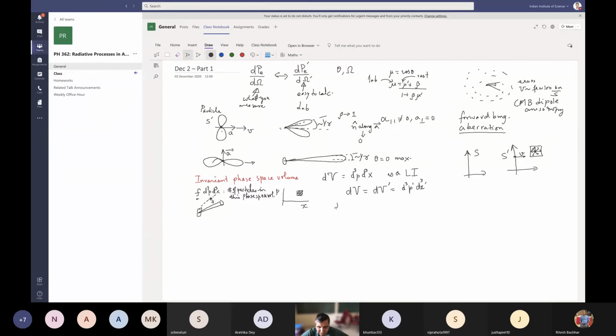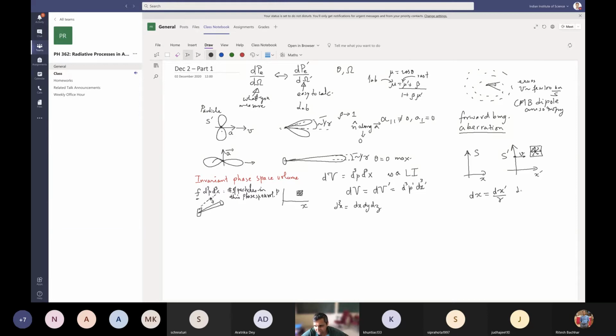So what is d3x? d3x is nothing but dx dy dz, the infinitesimal volume in space. The boost is in the x direction. Then we know that dx is equal to dx prime by gamma.